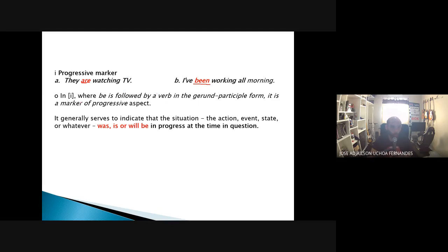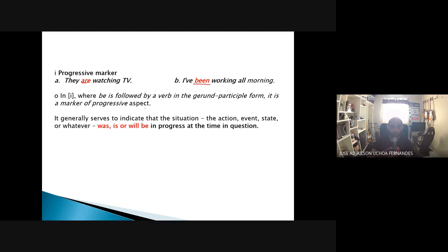So in these two examples, where be is followed by a verb in the gerund participle form, it is a marker of progressive aspect. It generally serves to indicate that the situation, the action, the event, the state, or whatever was, is, or will be in progress at the time in question.